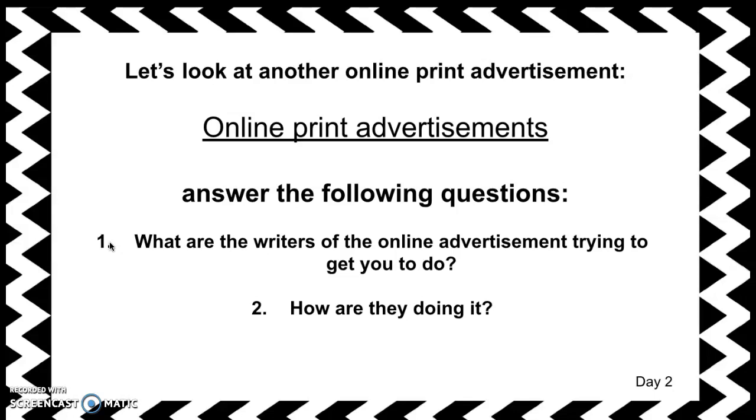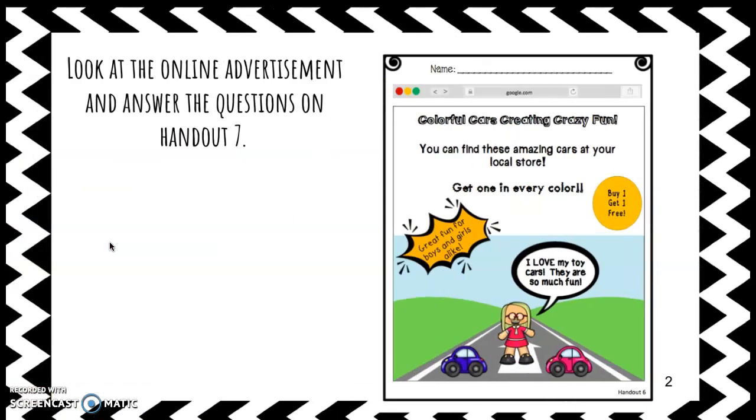So they use pictures, they use bright colors, they use really vague information, which means that they don't give a whole lot of detail, but just enough to spark your interest.